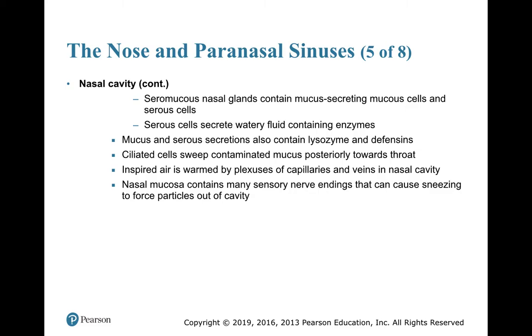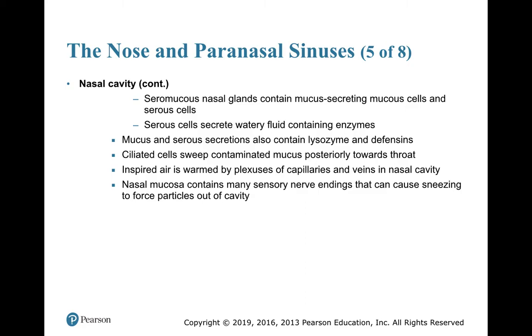Seromucous, they secrete mucus and the watery fluid that has enzymes in it. The mucus and serous secretions also contain lysozyme and defensins, which we've talked about before, protecting against bacterial infections.